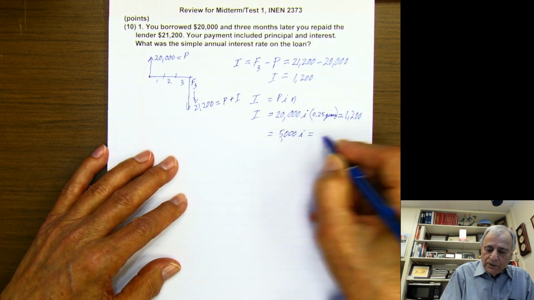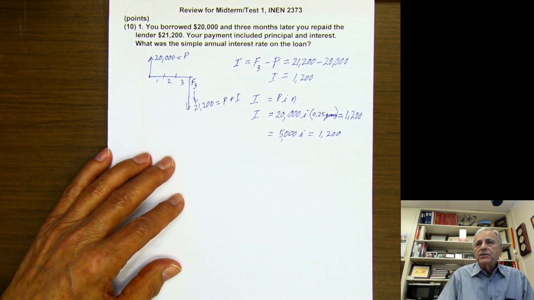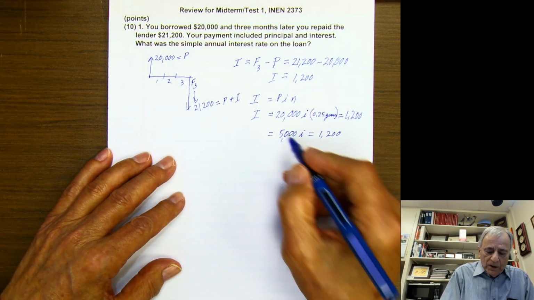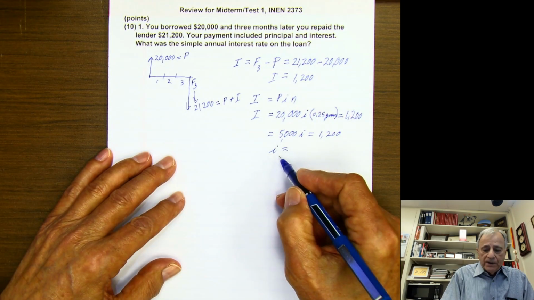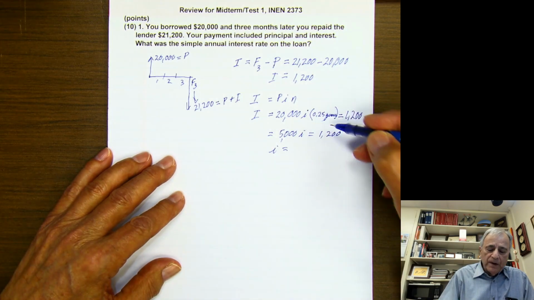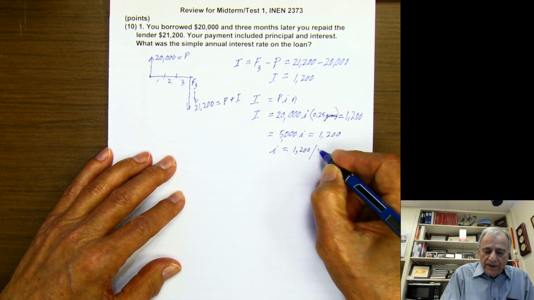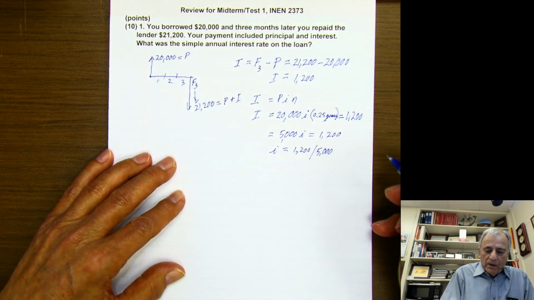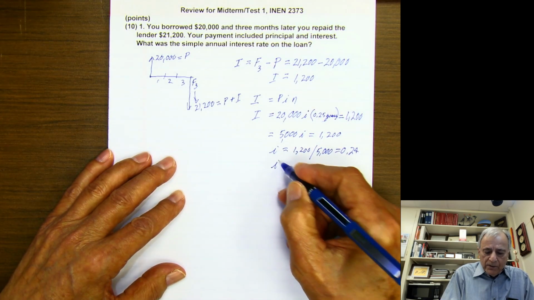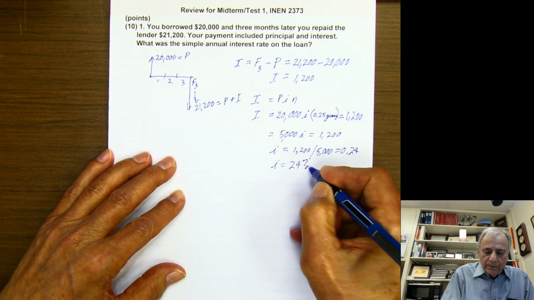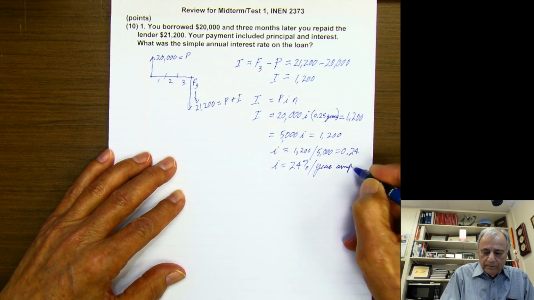So 5,000 times I is equal to 1,200. Now if we divide both sides by 5,000, we get I annual, because this is the number of years here, equal to 1,200 divided by 5,000, which is equal to 0.24, or I equals 24% per year simple interest.